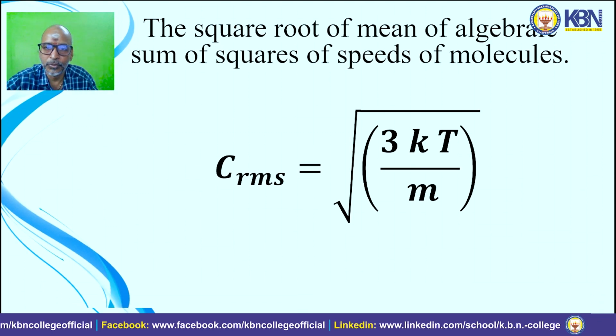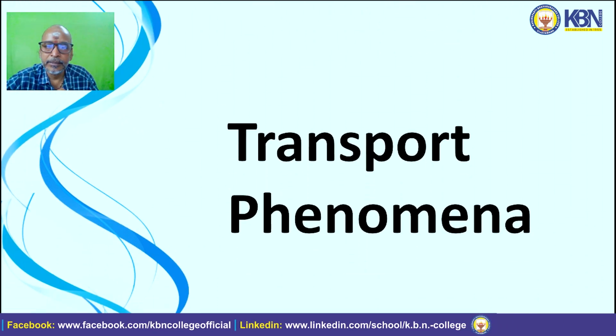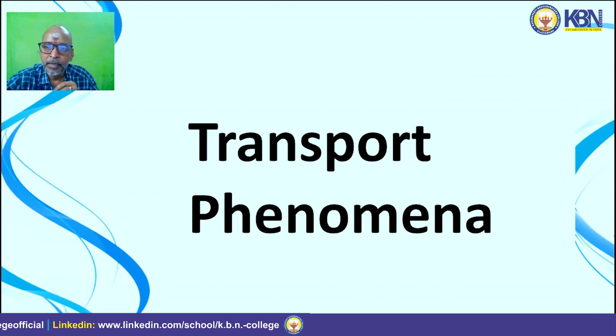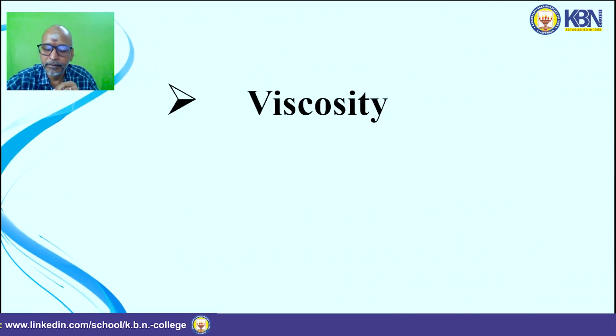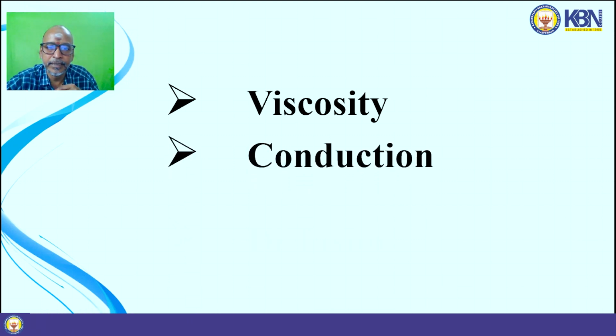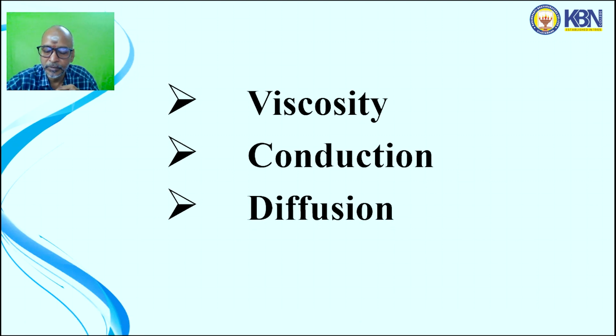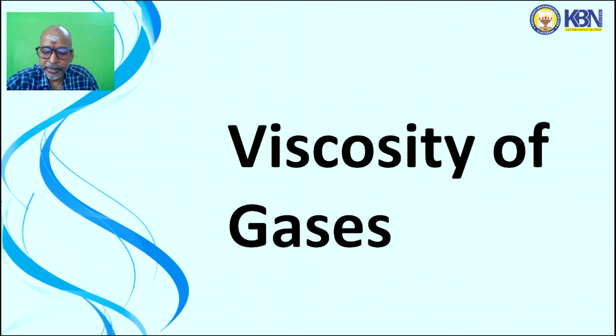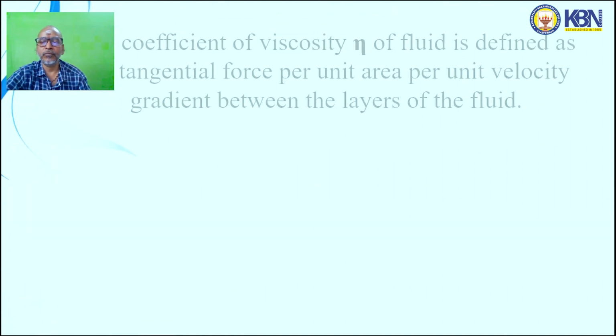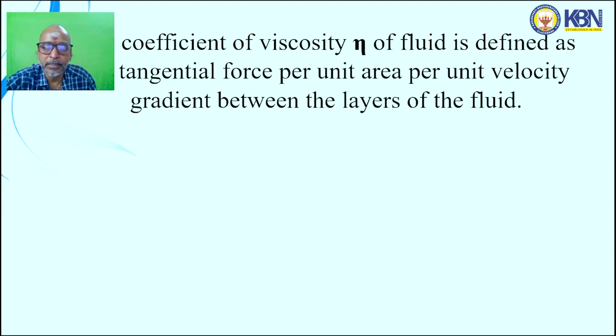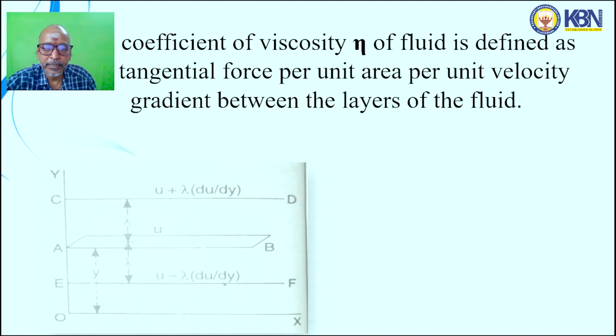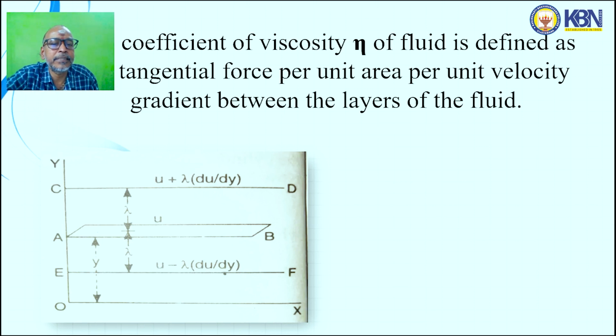And the important topic in this class is transport phenomena, and there are three different quantities: viscosity, conductivity, and diffusion. First of all, viscosity means the viscous force existing between the different layers of the gas, and it is explained with the help of this figure.